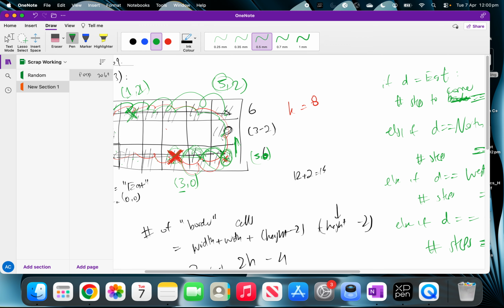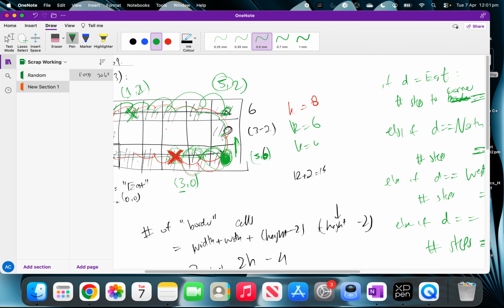How many steps to get to the corner? We would run through this, we'd get 2. So k would reduce to 6, and we would end up over here. My current direction would flip to north. We'd ask ourselves, okay, what is the number of steps required to get to the corner? The answer is 2 again, right? So this would reduce to 4, and we would get to over here.